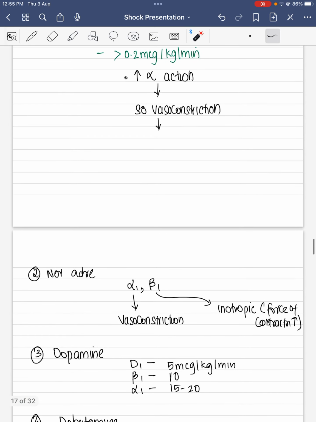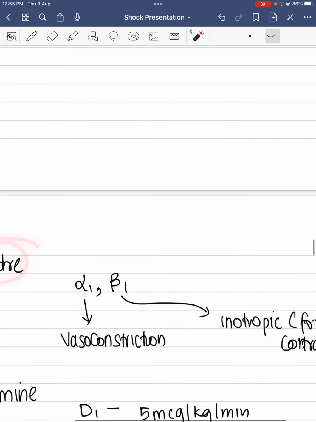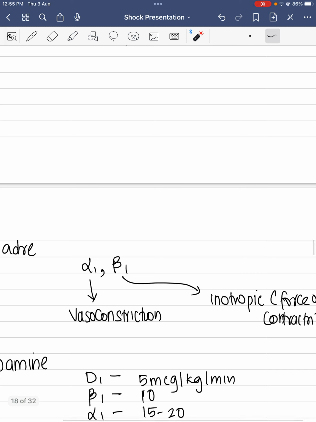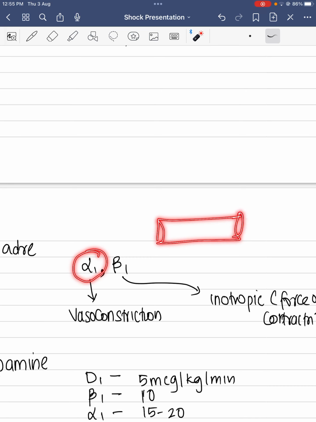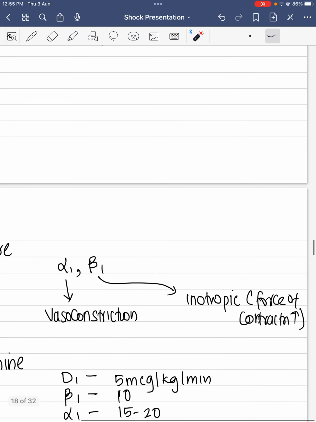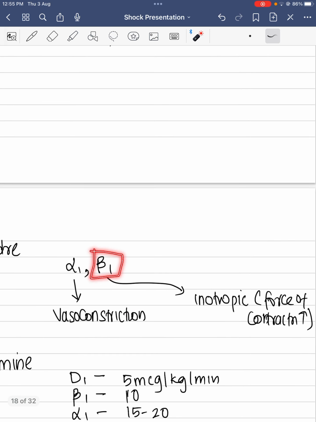Now let us see the action of noradrenaline. Noradrenaline usually acts on alpha 1. Where is alpha 1 present? Alpha 1 is present in the blood vessels, so it will produce vasoconstriction, and it also acts on beta 1, which has an inotropic effect as I explained earlier.